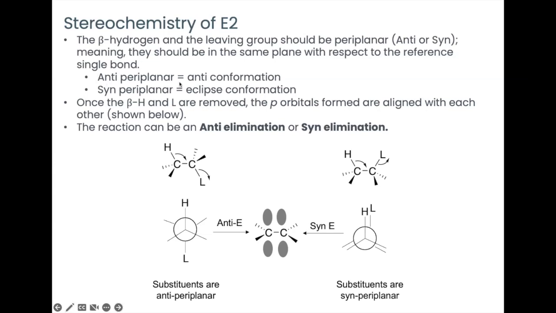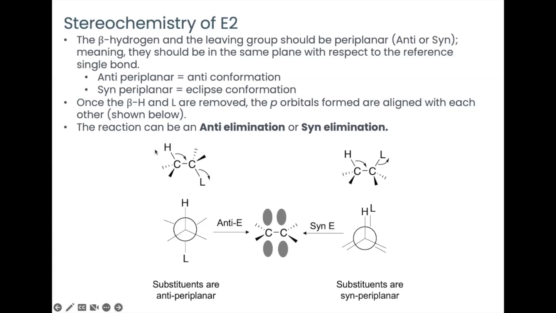So pwedeng anti-periplanar, meaning it will assume an anti-conformation. Okay, recall your isomerism. Di ba meron kayong anti-conformation and eclipse conformation. So kapag anti-periplanar, anti-conformation. Syn-periplanar, it's in the eclipse conformation. So this is anti-periplanar.